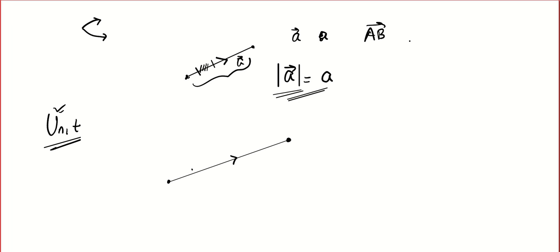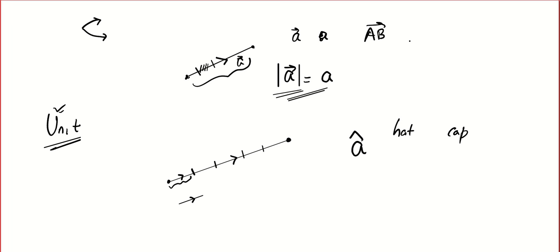Just imagine I'm going to cut it into 5 equal parts, and then each part acts like a unit vector. Or I can create one unit length vector in the same direction, parallel to this. And remember, unit vectors are denoted by a hat, a-hat. You can use the word hat or cap.